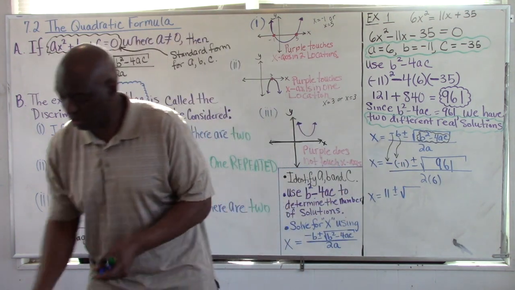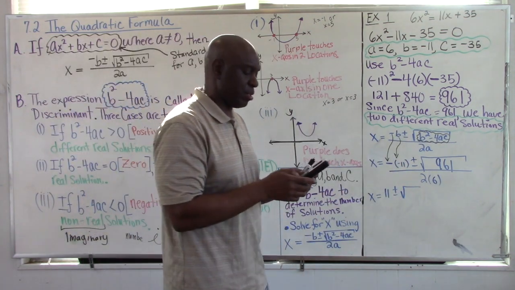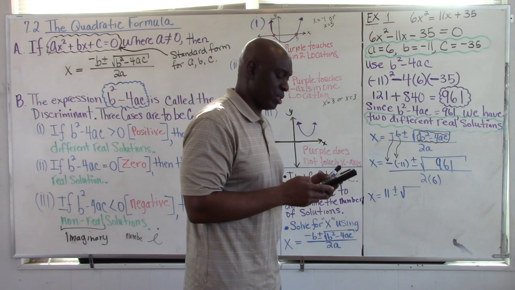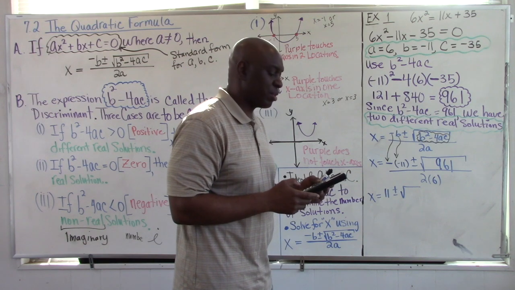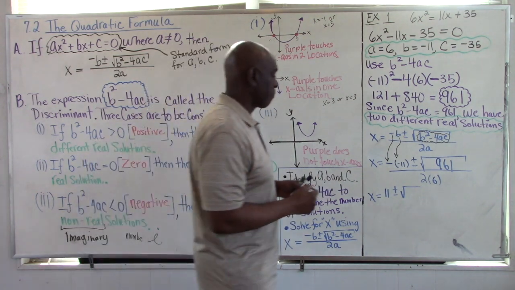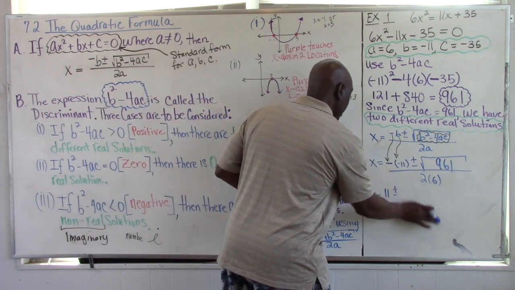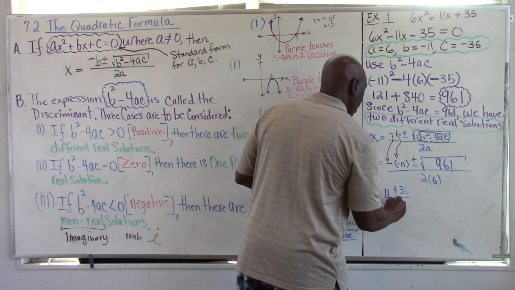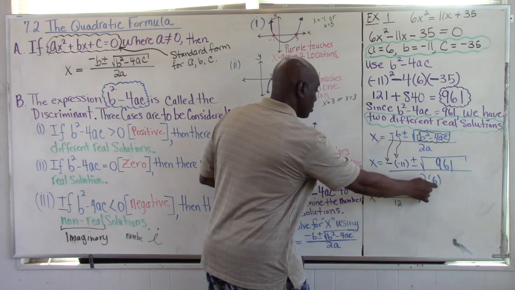Calculate it. The square root of 961 is 31. So I can write plus or minus 31 all over 12. Why? Because 2 times 6 is 12.